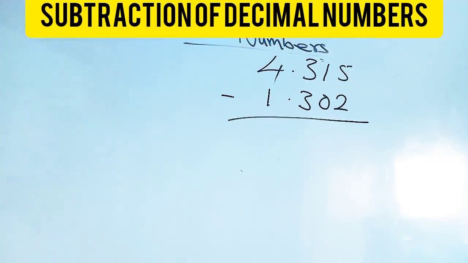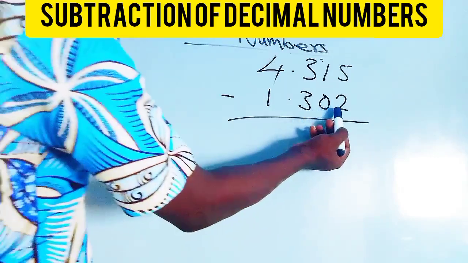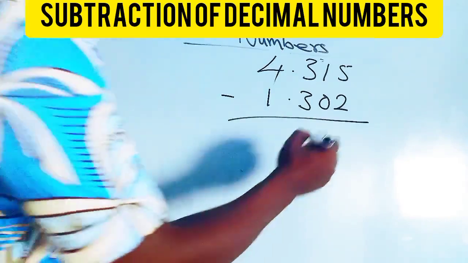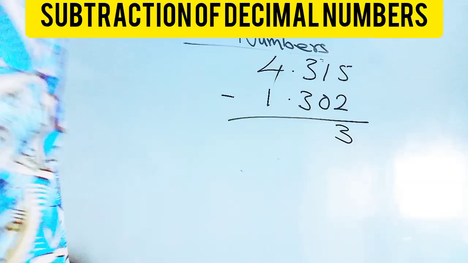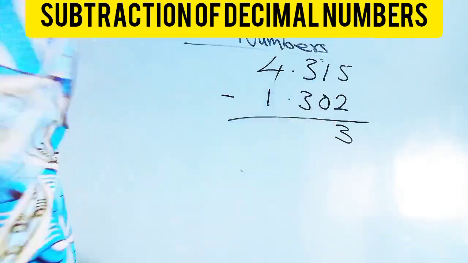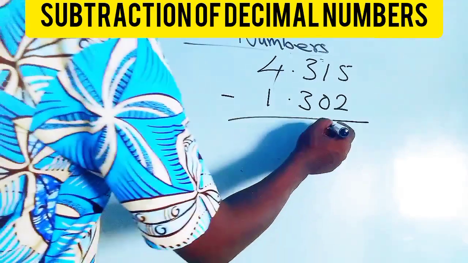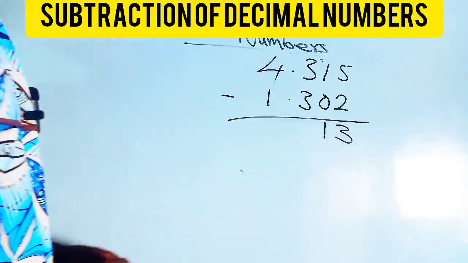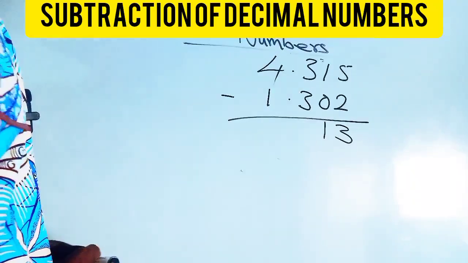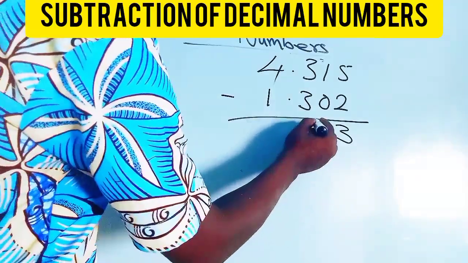Okay, welcome back from the break. Let's solve this together. When you subtract 2 from 5, the answer will be 3. If you subtract 0 from 1, your answer will be 1. When you subtract 3 from 3, you will be left with 0.